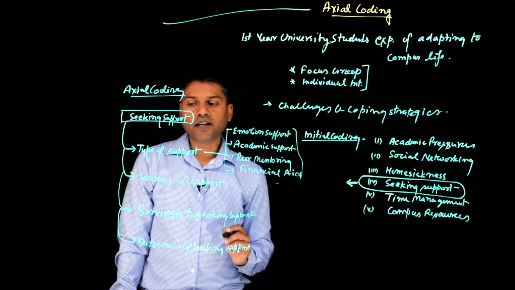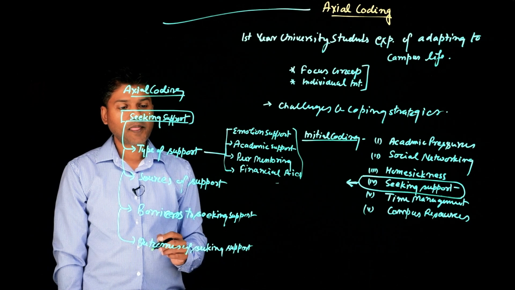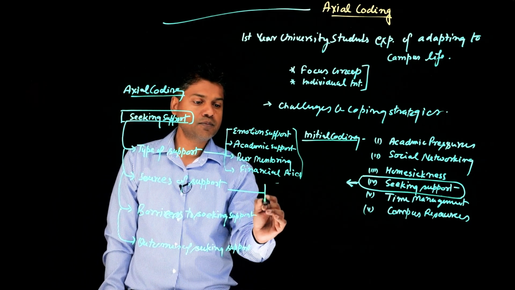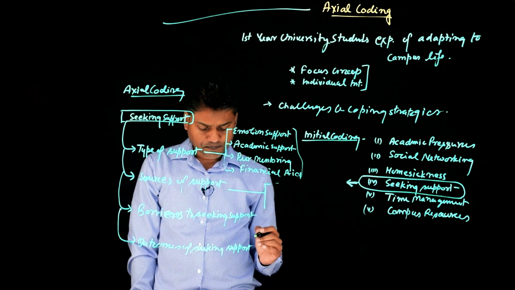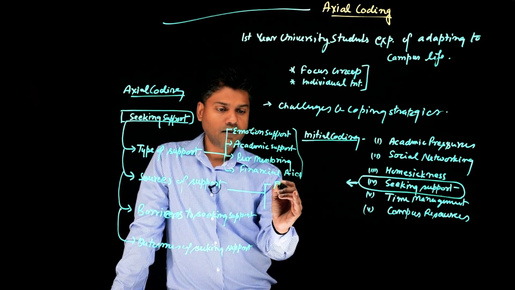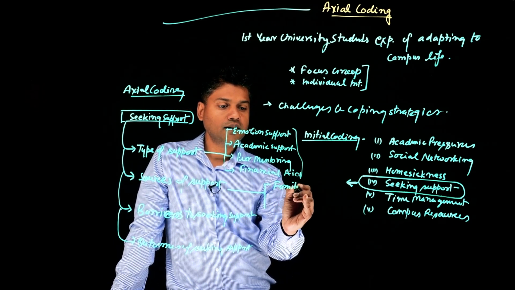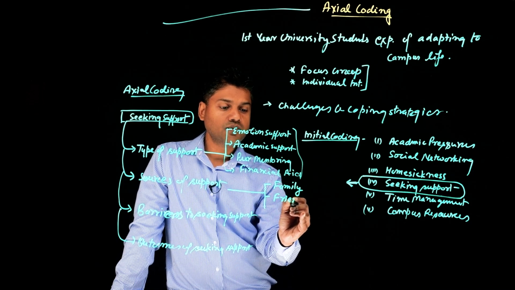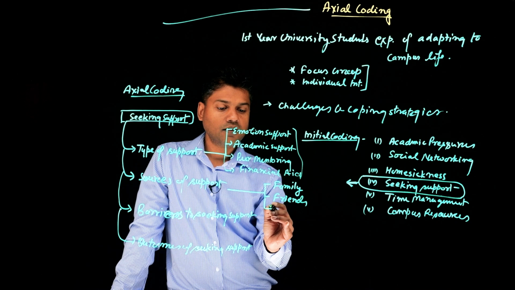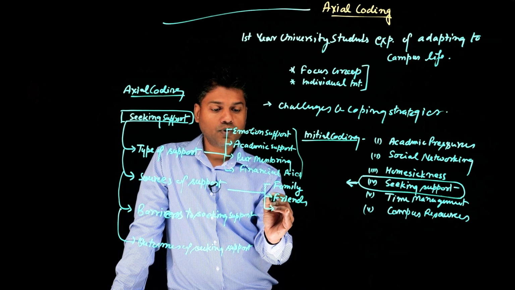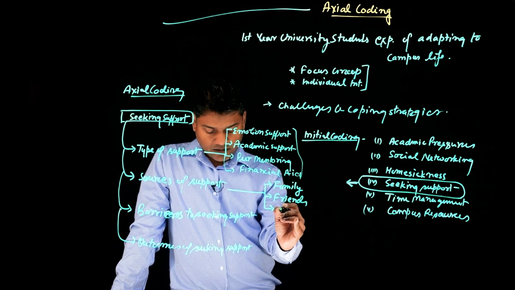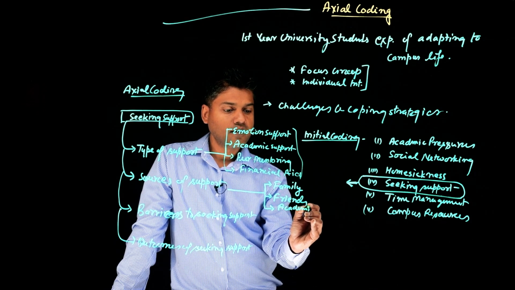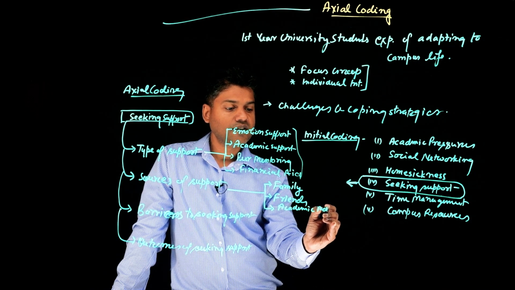Similarly, I can further develop, with further analysis, sources of support. What might be some possible sources of support? So let's say in my data, I came up with family support. Second is friends. Third kind of source of support is, let's say, academic advisors.